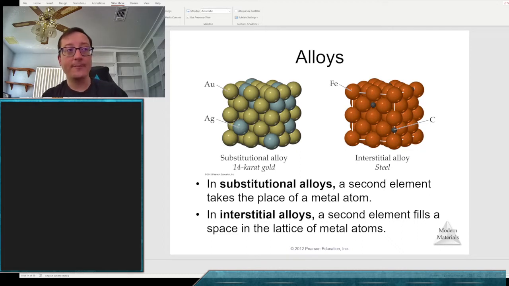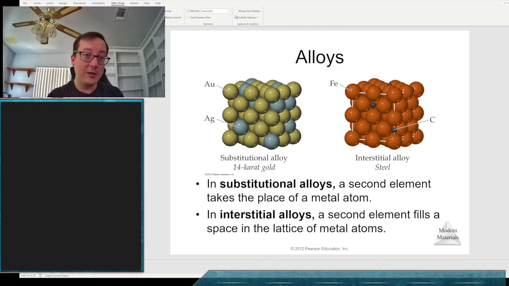The other kind is called an interstitial alloy. Biologically, interstitial space is the space between cells filled with interstitial fluid. It's the same thing with a molecular structure. So we saw that there are spaces in between atoms within unit cells, and if you have a very small atom that you're adding in, for example, the size of iron and carbon is drastically different, right?